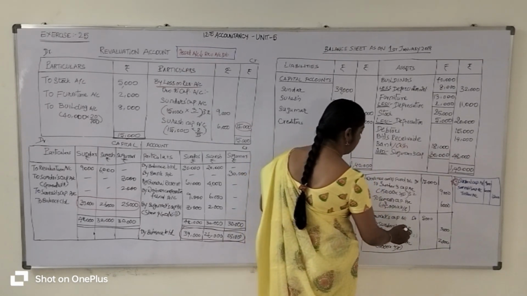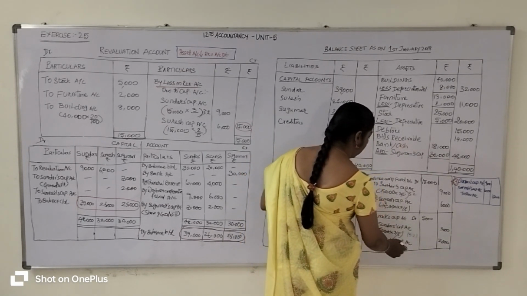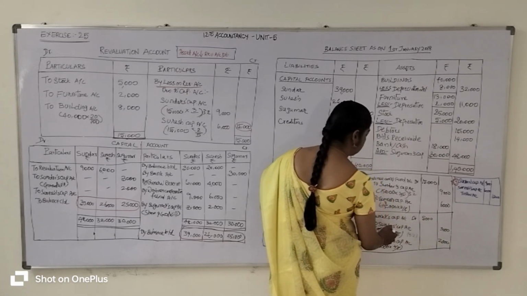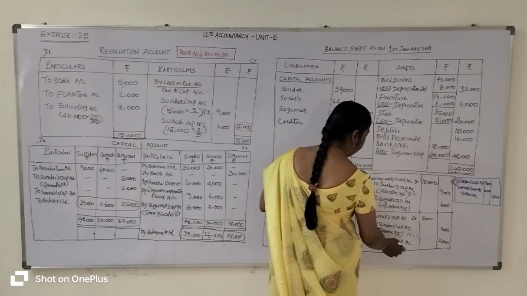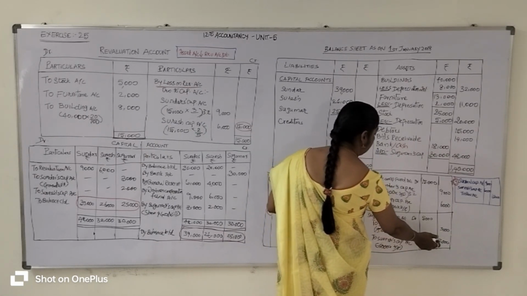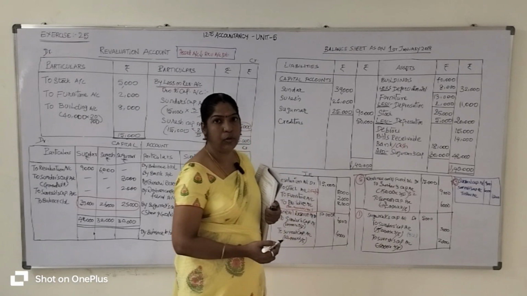That means 3 for Sundar and 2 for Suresh. After cancelling, you will get 3,000 rupees for Sundar's capital account and 2,000 for Suresh's capital account. We distributed that goodwill value.